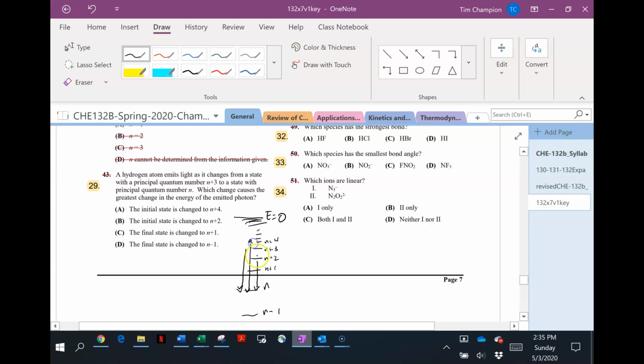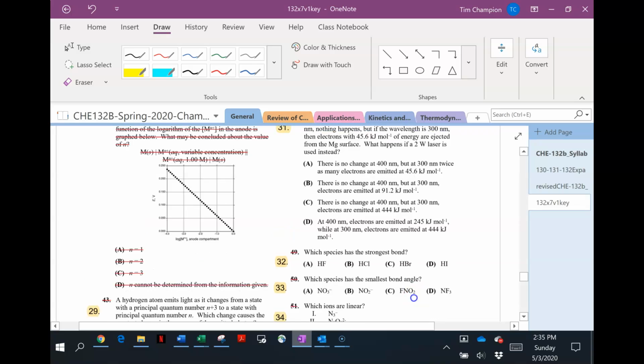So this is A, this is B. Answer C would be going from 3 to here, right there. So that would be C. I can't really mark that out, I'll put C there. And then this one right here would be answer D, where we get the bigger energy jump. So you kind of have to think about that model of the Bohr model.